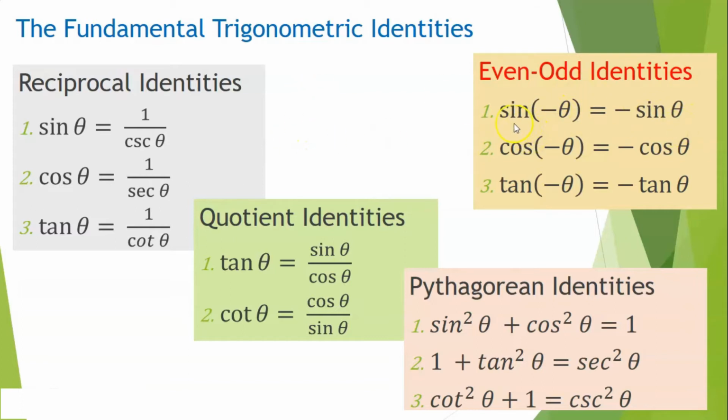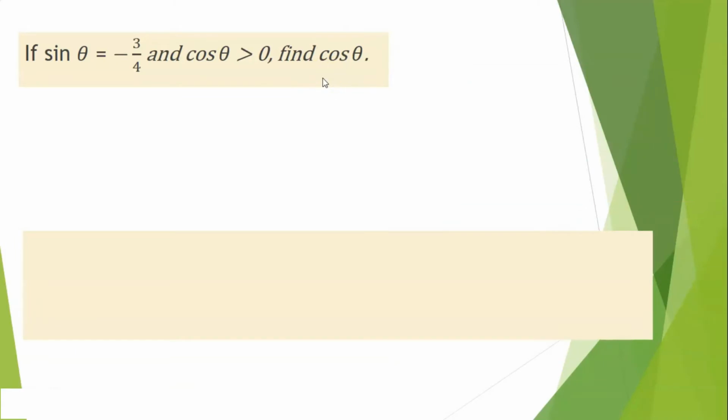Take note of that. Or that would mean sine of negative 30 degrees is just the same as negative sine 30 degrees. That's the even-odd identities. Okay, so let's use the different identities in solving for this.